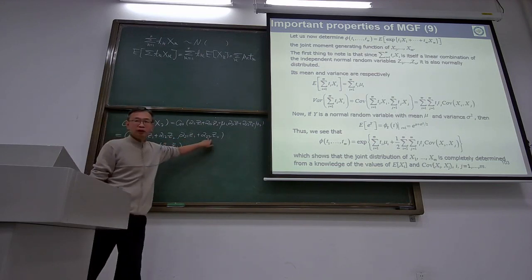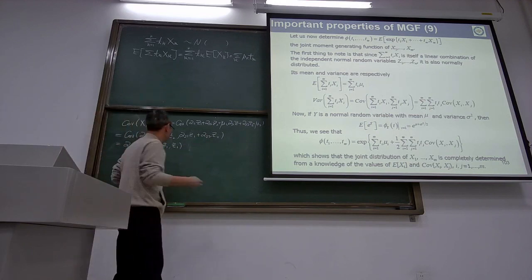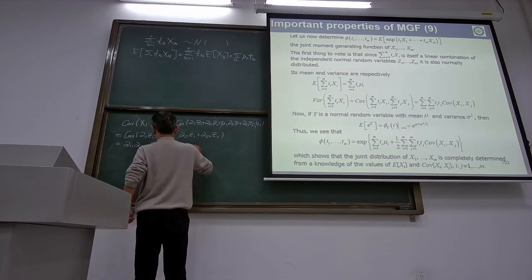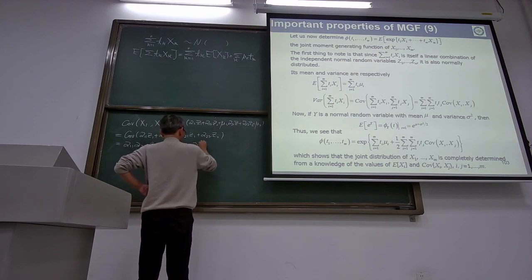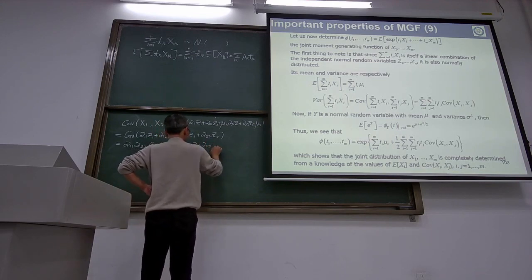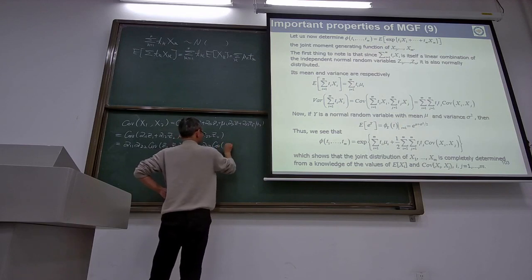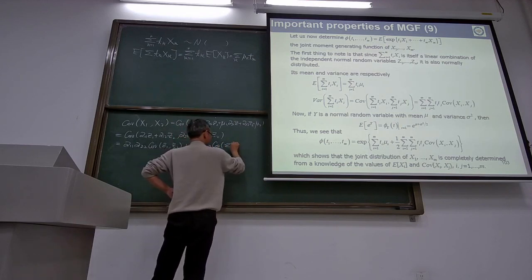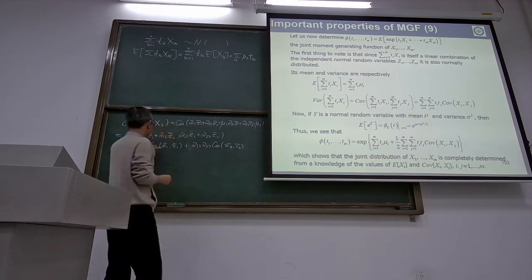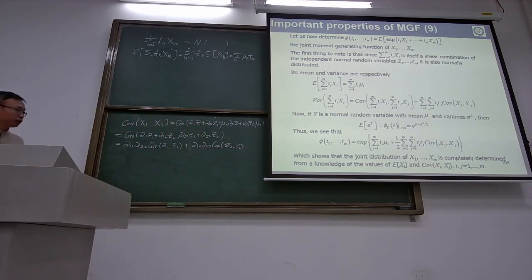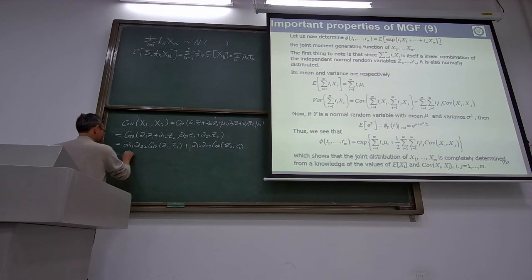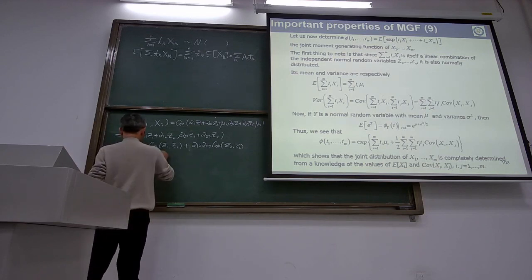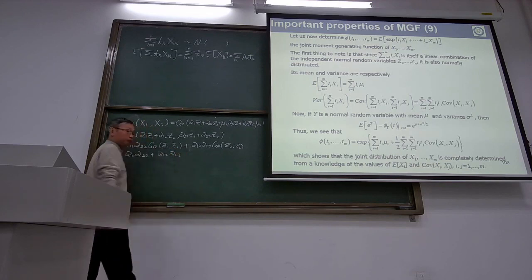Z1 and Z2 are independent, so that term vanishes. So just alpha 1 2 times alpha 2 2 covariance of Z1, which equals 1, standard normal distribution. So this gives alpha 1 1 alpha 2 2 plus alpha 1 2 times alpha 2 2. Okay.